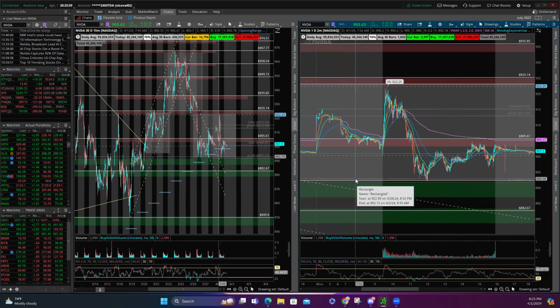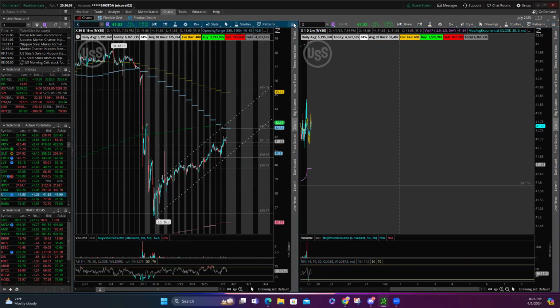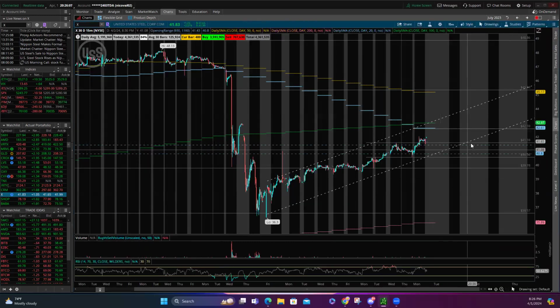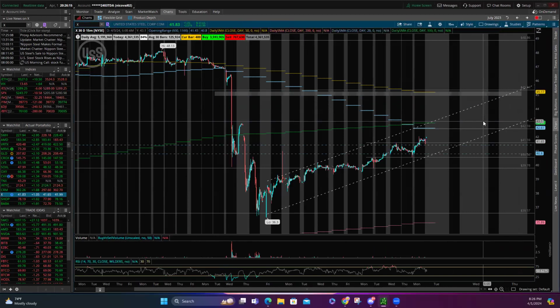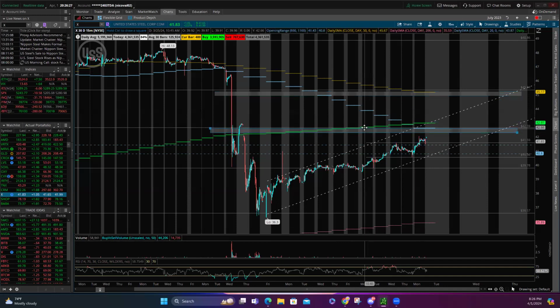How do I get the green and red? I do it myself. I draw my levels every morning, like I was sharing. I maximize my cells and add a triangle. I add the triangle here. For a little trick, if you step on top of any of your lines, designs, or indicators, you can press spacebar and it will automatically duplicate it.